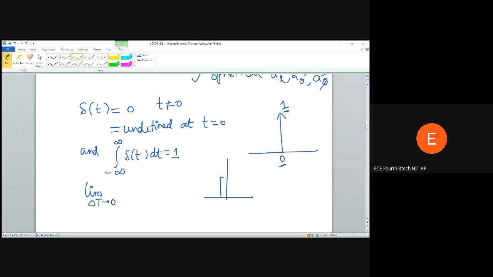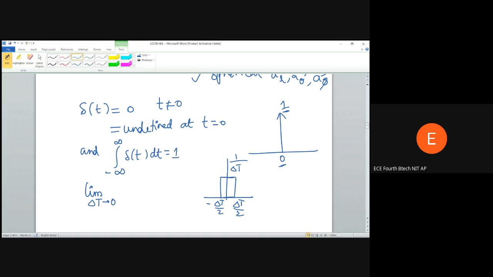The gate function extends from minus delta t by 2 to plus delta t by 2, the width is delta t, and 1 by delta t is the amplitude.